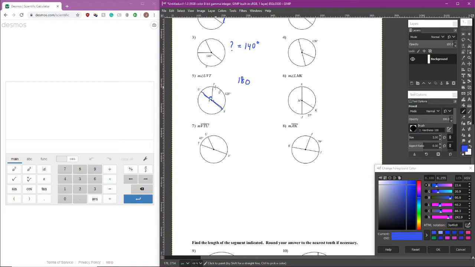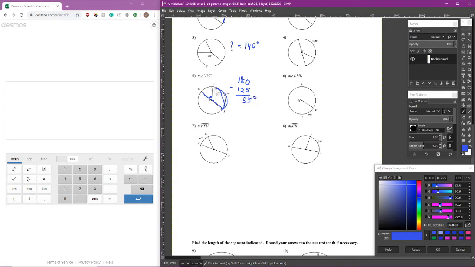Then they gave us that from T to S, this arc is just 125 degrees. I want to find this distance from U to T. So I have 180. I'm going to take away 125. And that's going to give me 55 degrees.